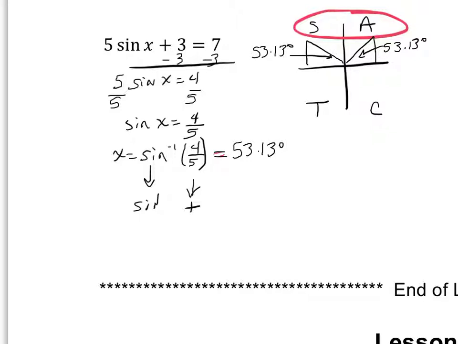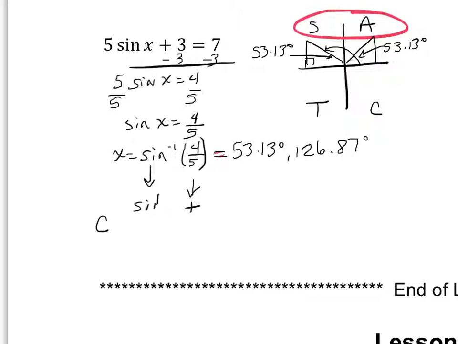Now, because of the second quadrant reference angle, we can't count on that to just be 53.13. We're actually measuring from clear over to here. So the easiest way to calculate that is to take 180 minus 53.13 to find our angle that we're dealing with. And that is going to be 126.87 degrees.